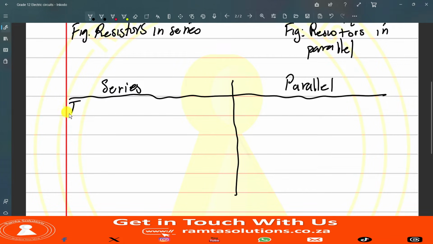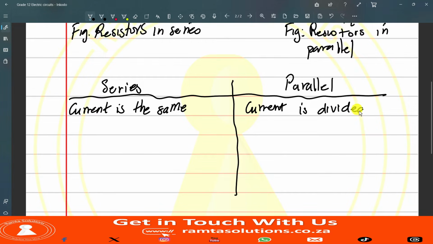Current is the same throughout. Let me just write it in words. Current is the same. For a parallel combination, current is divided. I want you to note that current is divided in those parallel resistors.